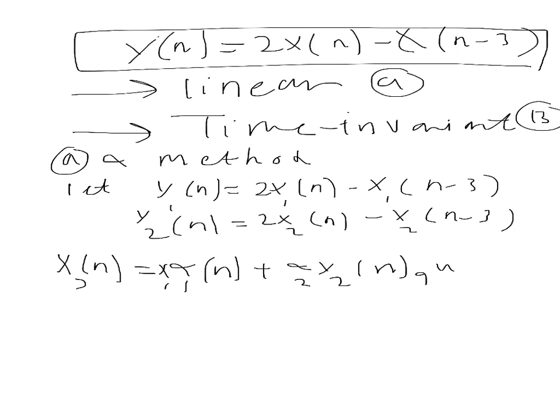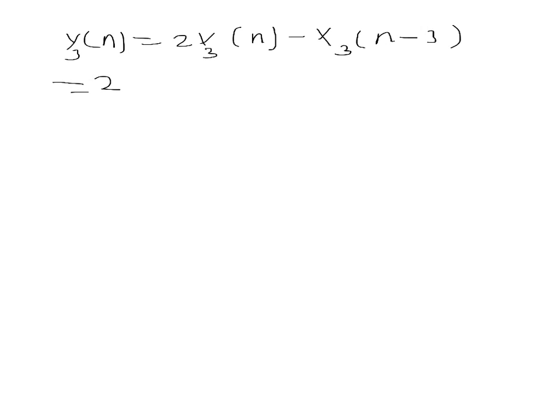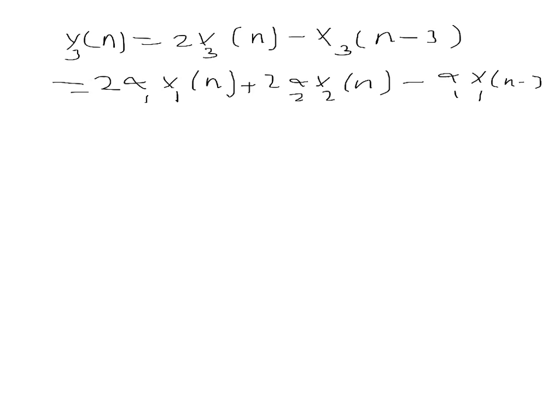Then we get y3 of n equals 2x3 of n minus x3 of n minus 3, which equals 2 alpha 1 x1 of n plus 2 alpha 2 x2 of n minus alpha 1 x1 of n minus 3 minus alpha 2 x2 of n minus 3.